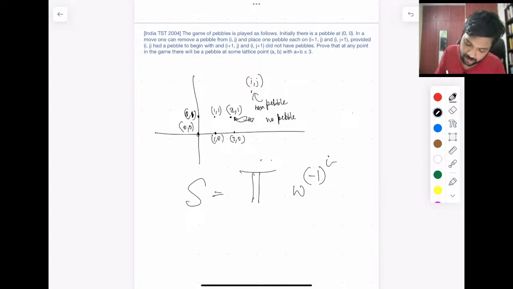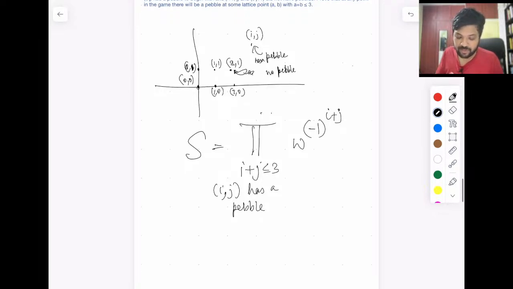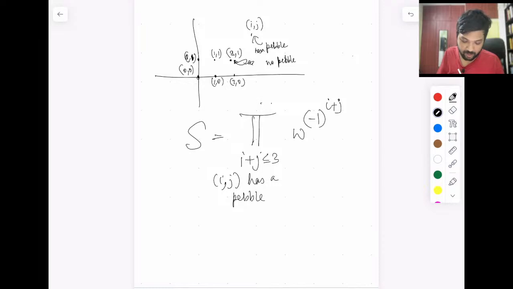So here's Lorentz's proof. Now I appreciate it. I plus j less than or equal to 3 and I comma j has a pebble. You write this sum, you write this product. Now, as we saw just now, here's my argument of how it works in general. Let's see what happens.